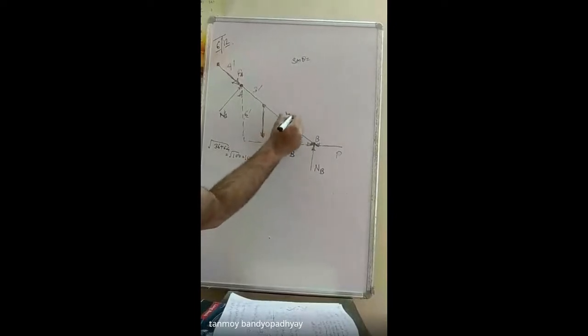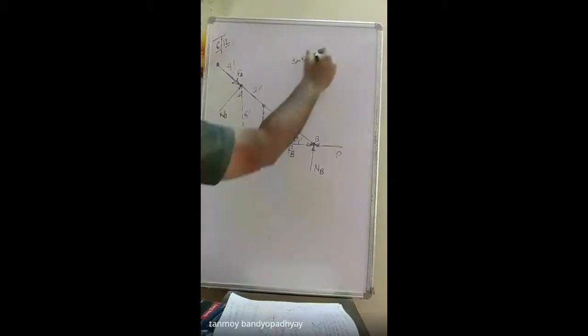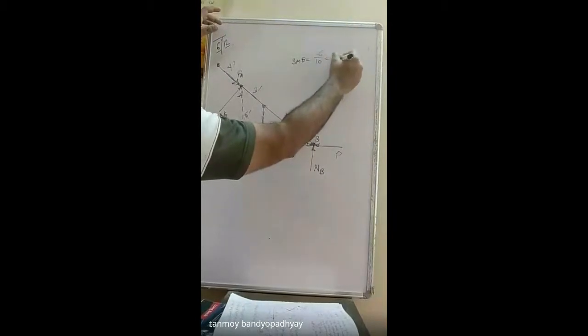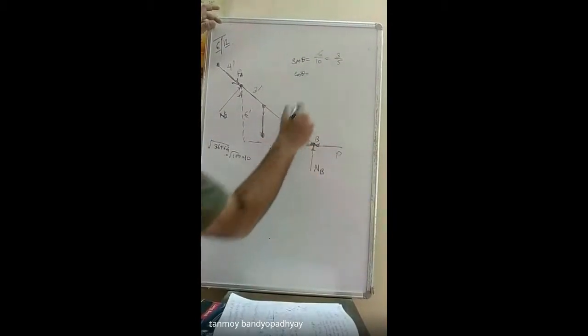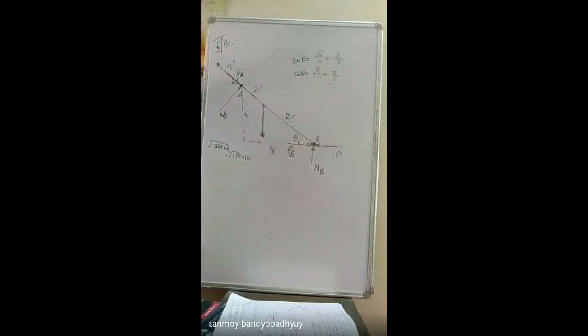Already on this side it is 7, so on this side it will be 3. So sin theta equals perpendicular by hypotenuse, 6 divided by 10, which is 3 by 5. And cos theta equals base by hypotenuse, 8 divided by 10, which is 4 by 5. So sin theta and cos theta you have got.